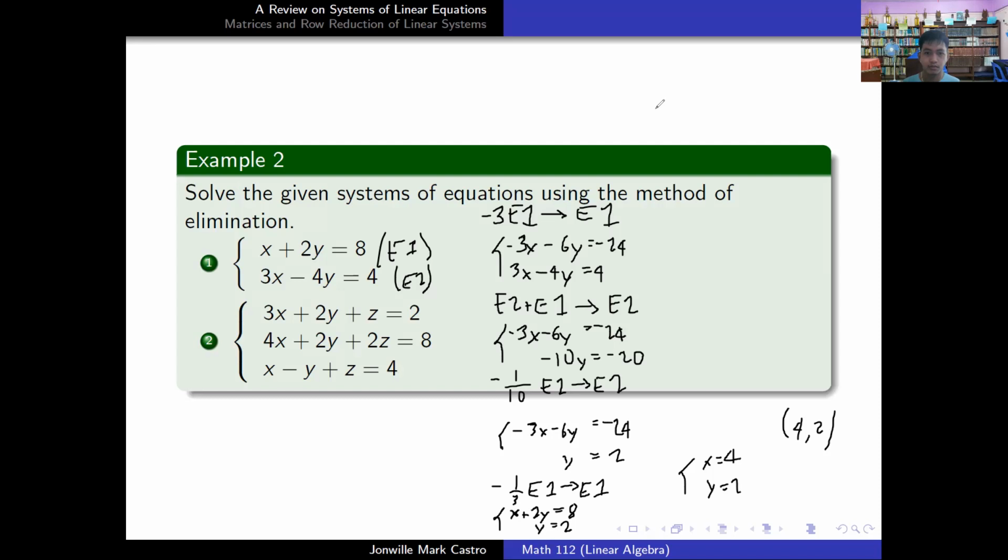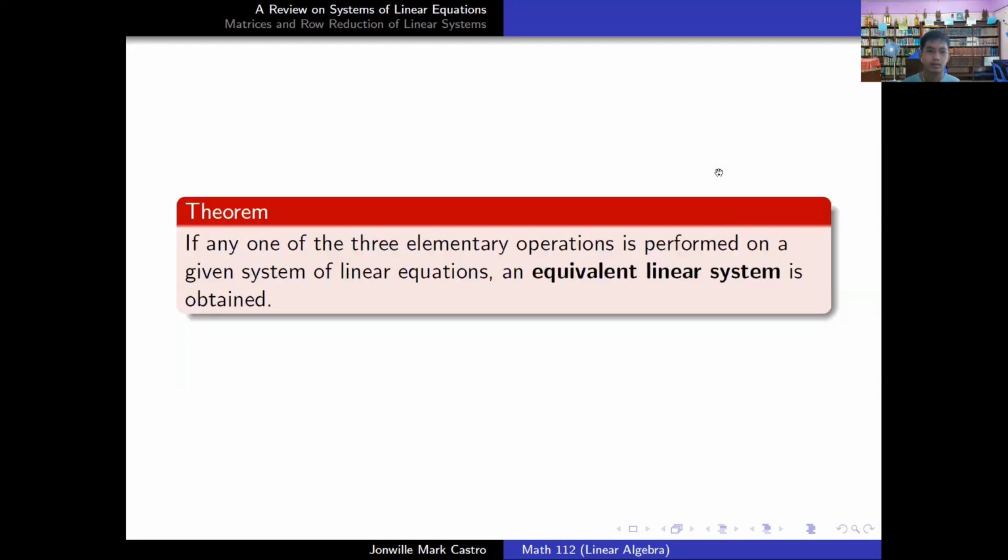So yung method of elimination, so lahat ng mga systems, linear systems na na-generate natin using any of the elementary operations, equivalent lang siya doon sa yung original na system natin. So if any one of the 3 elementary operations is performed on a given system of linear equations, an equivalent linear system is obtained. Okay.